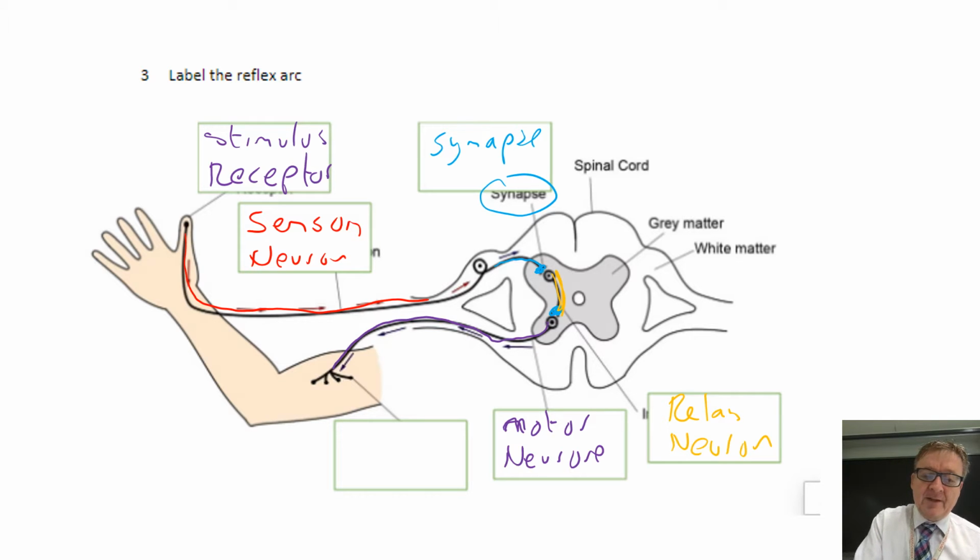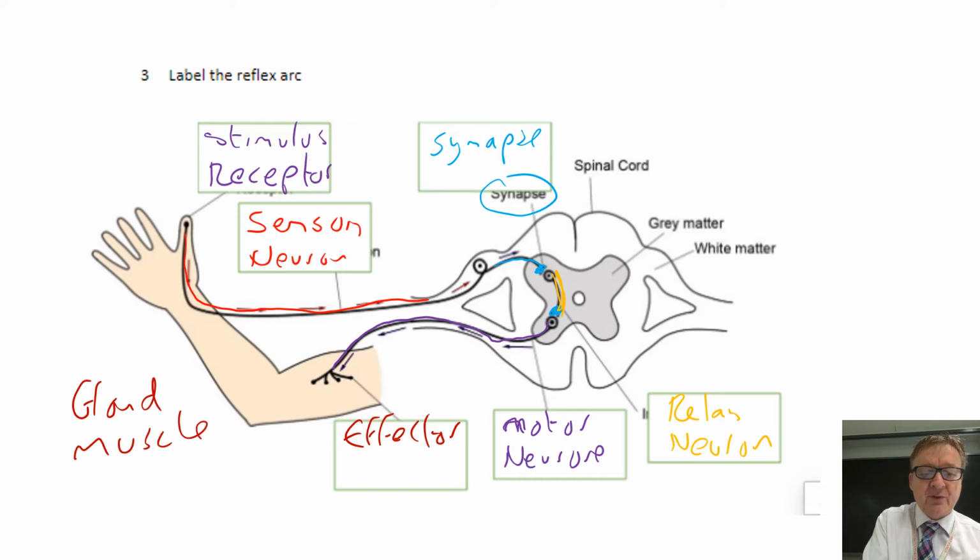Okay, and in this box then you have your effector, right? And then there are two types of effectors. You've got a gland, which could be where a hormone is produced, or it could be a muscle, so then you move your arm. When you've got the effector, then you have your response. Okay, so that's a reflex arc, a very, very rapid reaction.